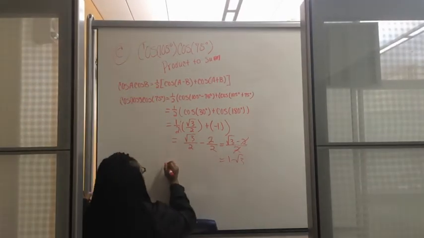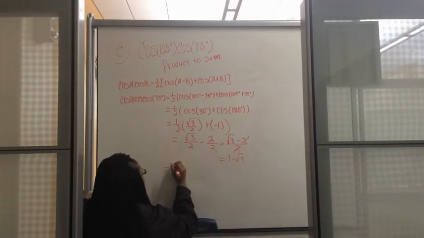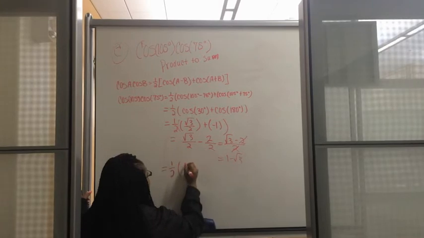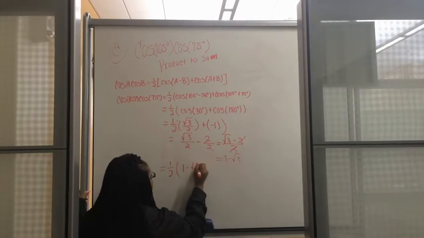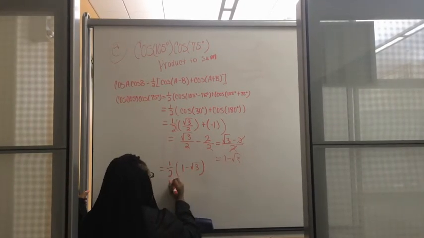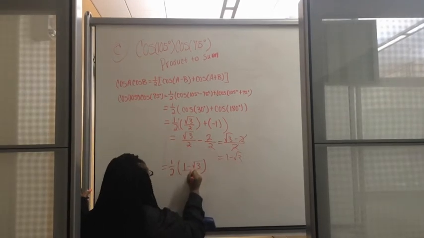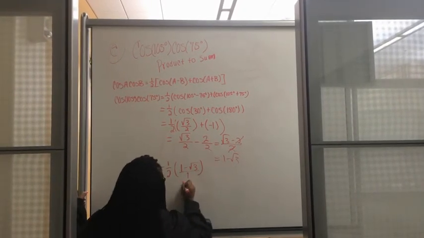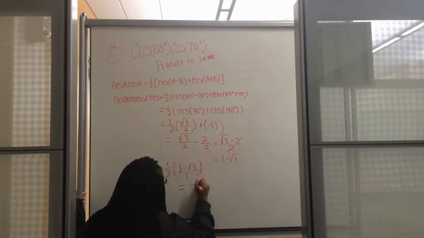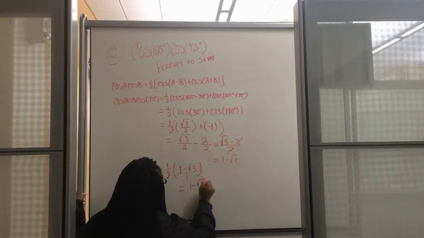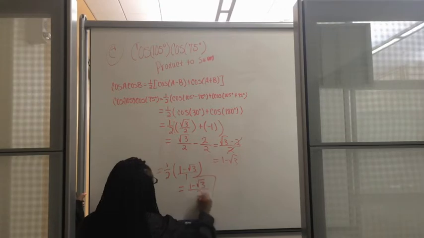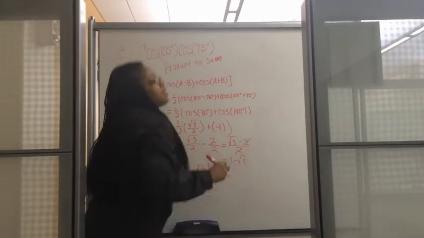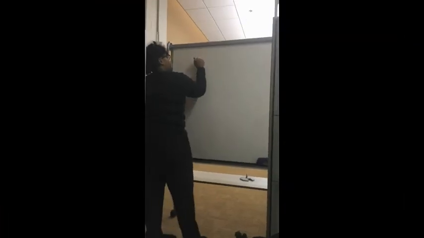So then I went back to 1/2 times 1 minus square root of 3 over 3. I put it all over 1 just so I can make it a fraction. And I got 1 minus square root of 3 all over 2. And that's your answer.